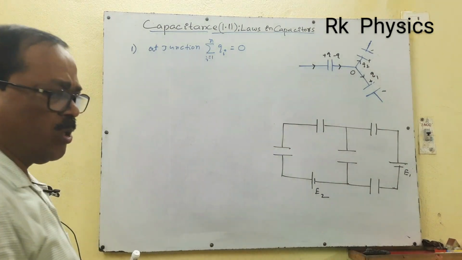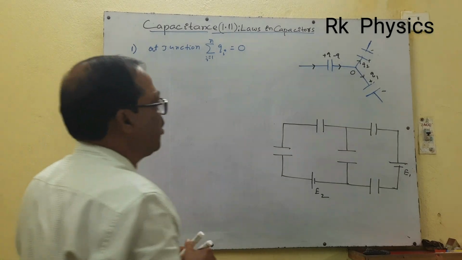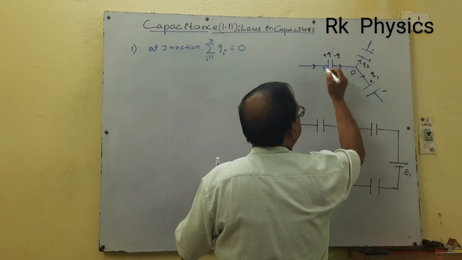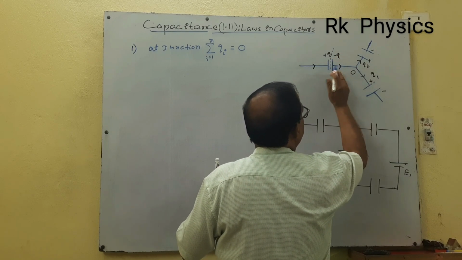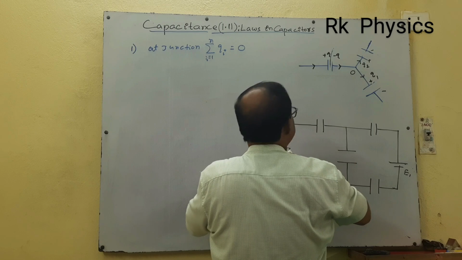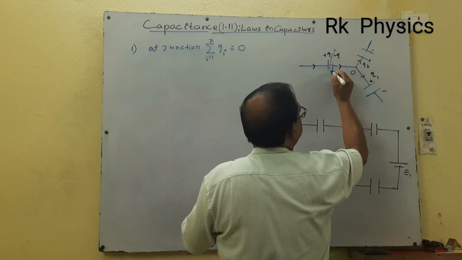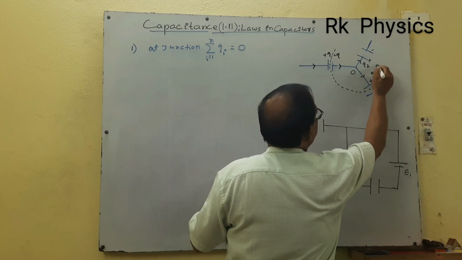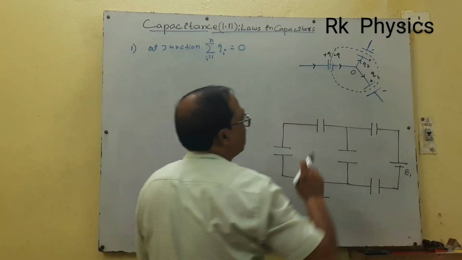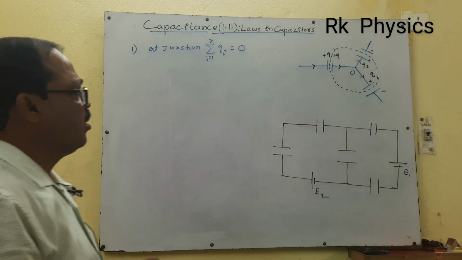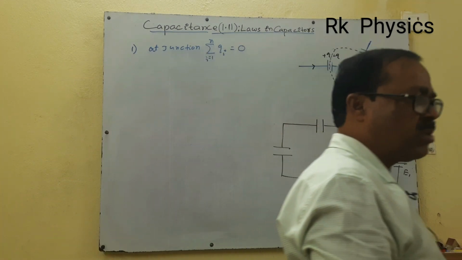Now, as per the law, the junction is directly connected to the three plates of the capacitors. Three plates, that is, the first capacitor's right plate and the second and third capacitors' first plates.